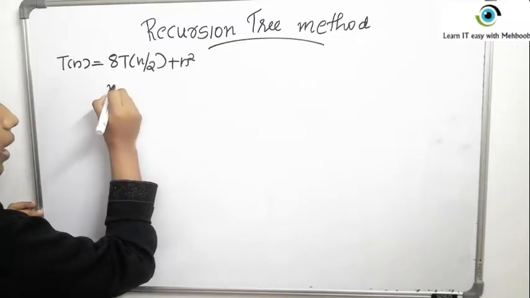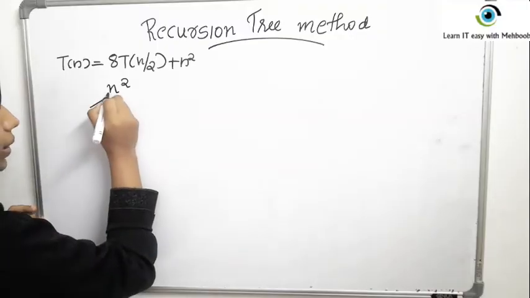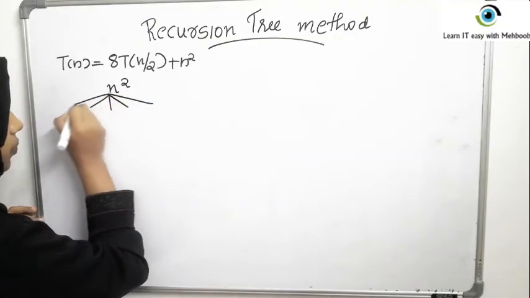So that will appear as the root of the tree. So n square, now 8 T of n by 2, that is 8 subproblems.